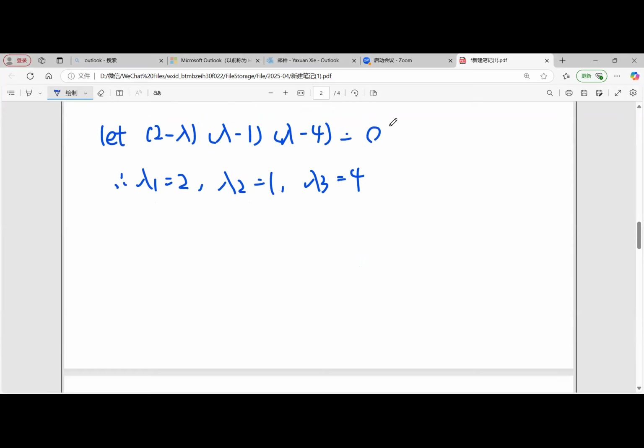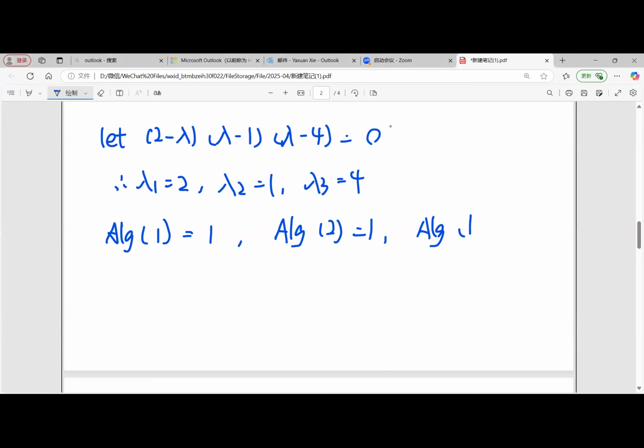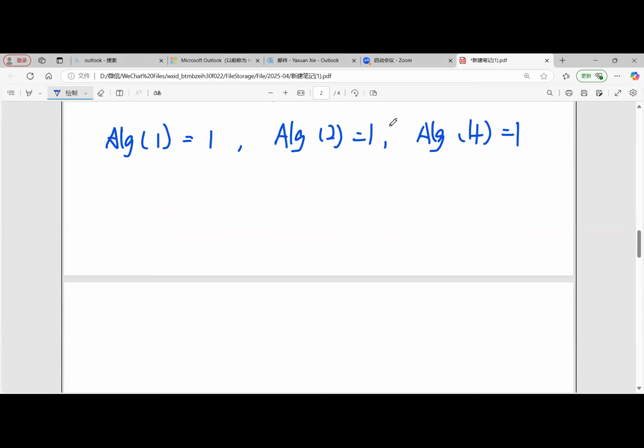Okay, so so far we can also get the algebraic multiplicity. So we have eigenvalue 1 with multiplicity 1, eigenvalue 2 with multiplicity 1, and last eigenvalue 4 with multiplicity 1. This will help us when determining if the matrix is diagonalizable or not. Okay, so then we want to get the eigenspaces.